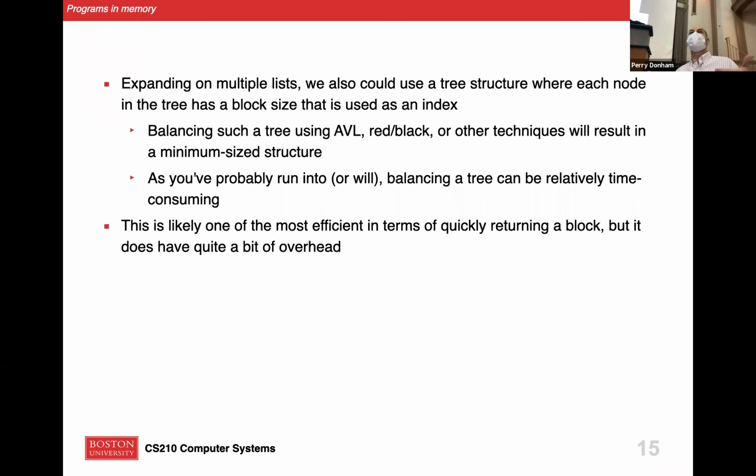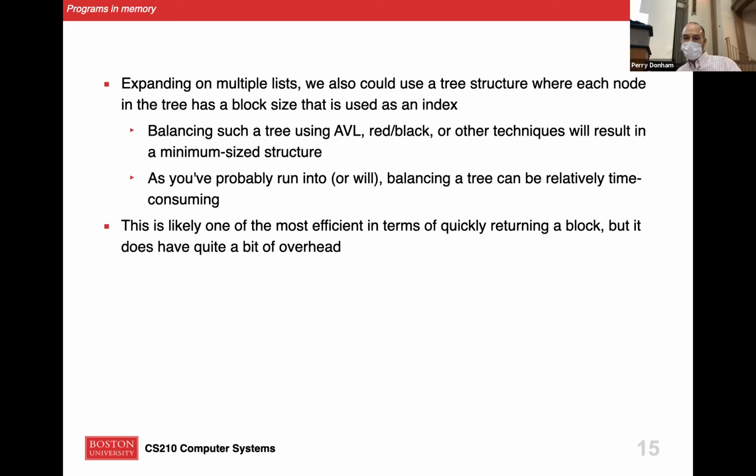It's order log base 2 of n, I think, which is pretty fast. Even just in terms of searches, it's log base 2 of n. So if I have 4 billion blocks that I'm keeping track of, in 32 tests I can find one of them. So it'd be a really flat tree.